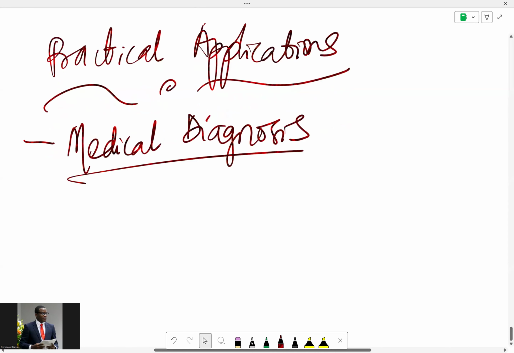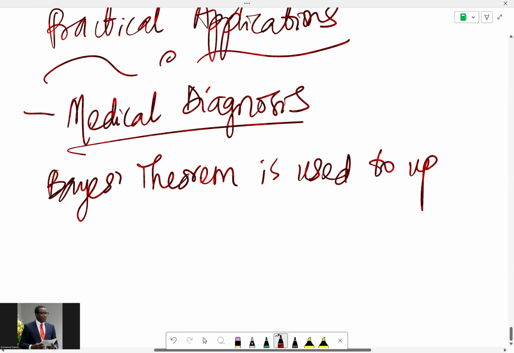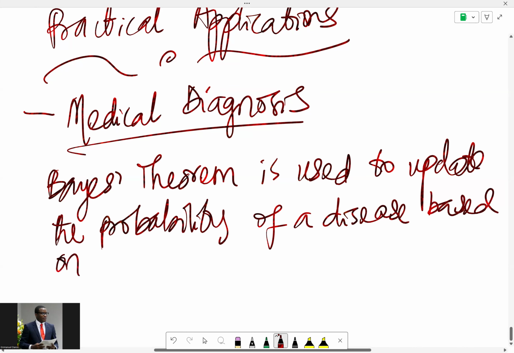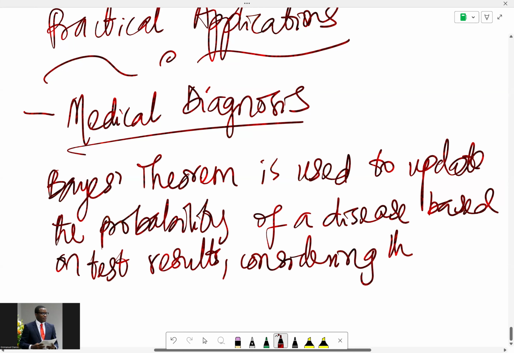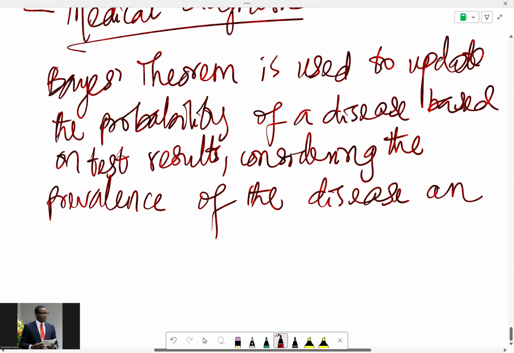Bayes theorem is used to update the probability of a disease based on test results, considering the prevalence of the disease and the accuracy of the test.